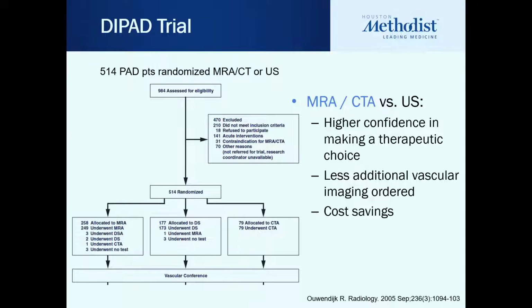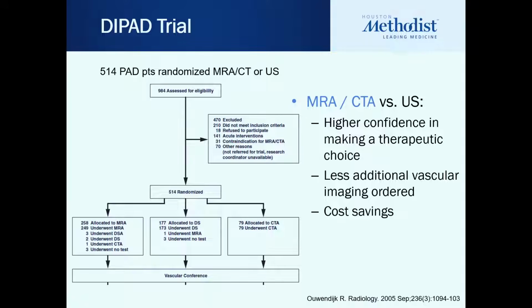And there was actually, believe it or not, a randomized trial that looked at MRI and CT. They took 514 patients, I think, PAD patients, and randomized them to a strategy of getting anatomical information with MR or CT, or anatomical information simply with ultrasound.